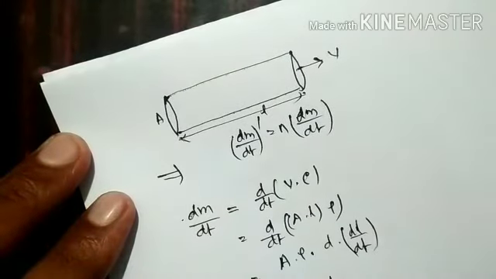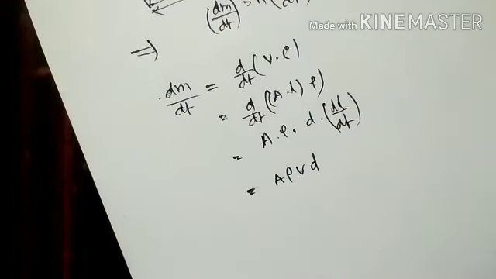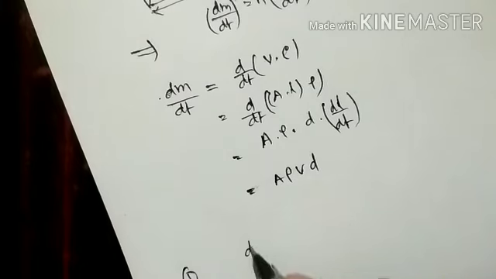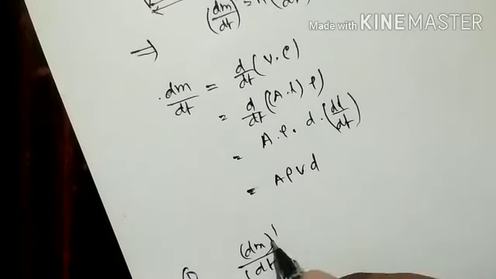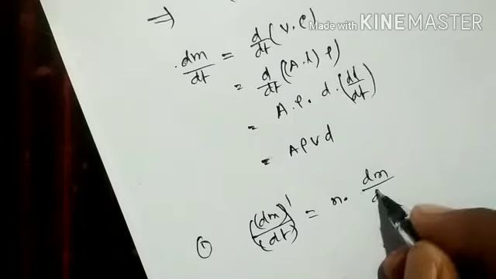Now you can use this relation to find the force applied by the motor as well as the power delivered by the motor. First I will consider the condition dm dash by dt dash is equal to n times dm by dt.